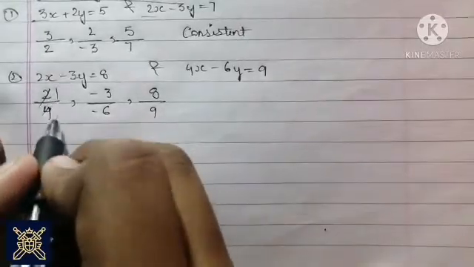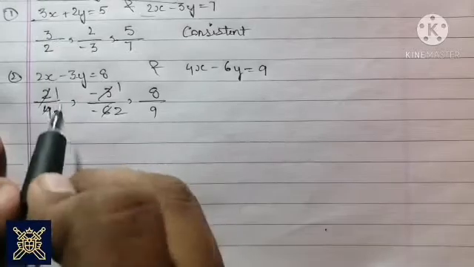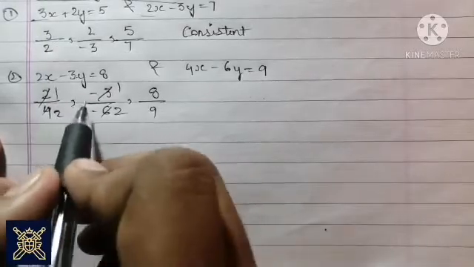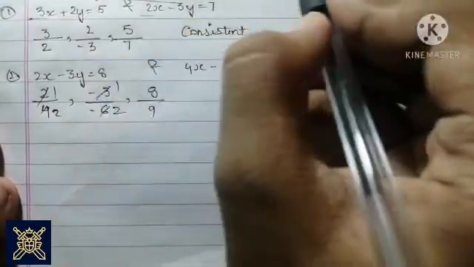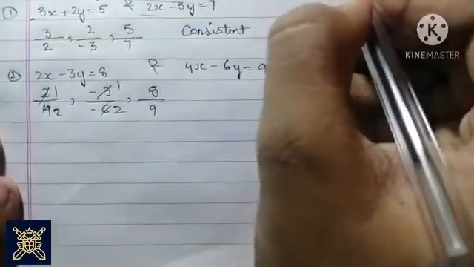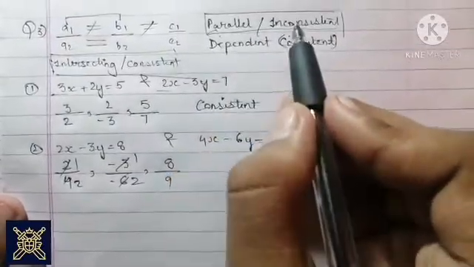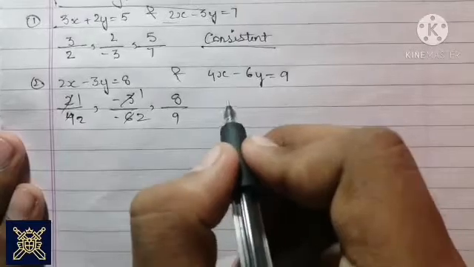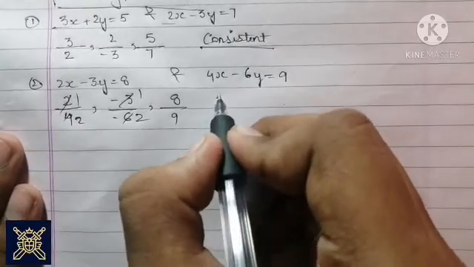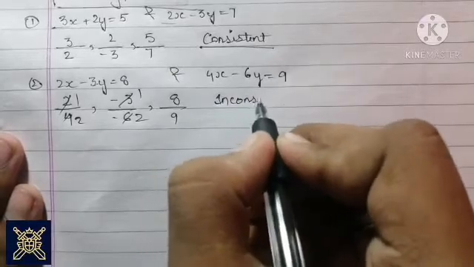As you can see, the first is equal to 1 by 2 and the second is also equal to 1 by 2. So the first two ratios are equal but they are not equal to the third ratio. Therefore the lines fall under the category parallel or inconsistent. In this question we were asked about consistency or inconsistency, so we will write that they are inconsistent.